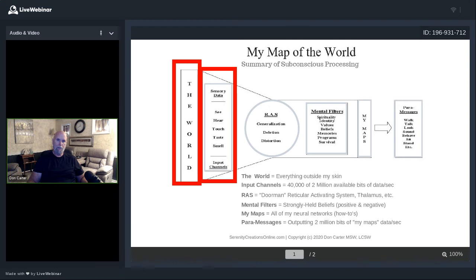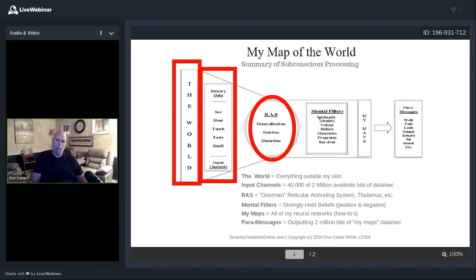So I look at this area right here as the doorway to my subconscious mind. And it's really a space in the brain. It's called the reticular activating system, and it works in conjunction with the thalamus and some other parts of the brain that have secondary roles.